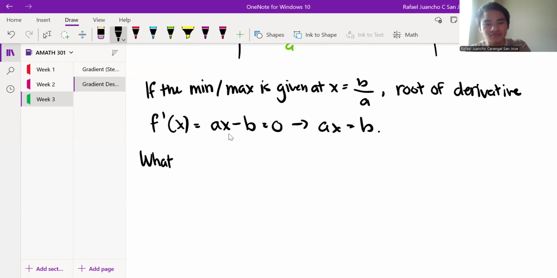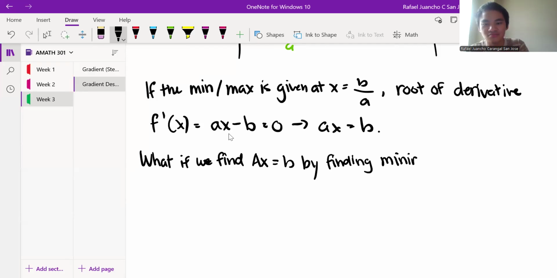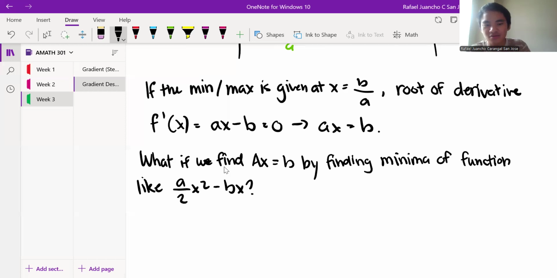What if we find the solution of Ax equals b by finding minima of a function? Minima or maxima, doesn't really matter, maybe a function like, let me rewrite it, A over 2 x squared minus bx. Maybe something like that. Something like a quadratic function.